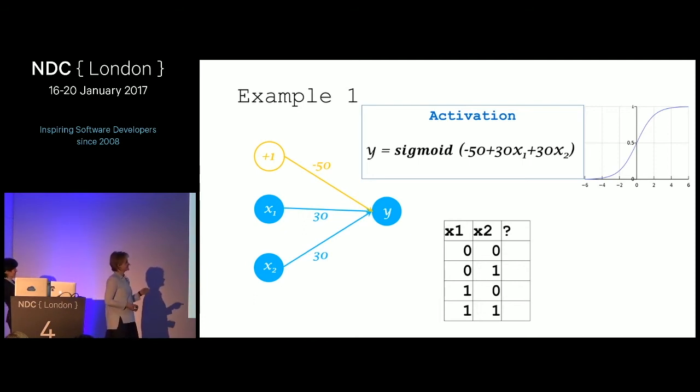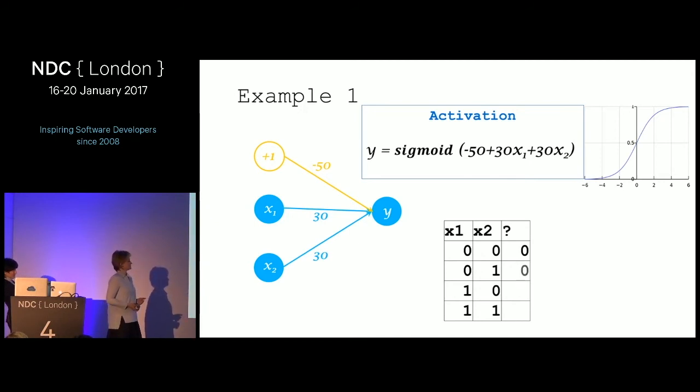So let's calculate it. First, if both x1 and x2 are equal to 0, then we get minus 50, and sigmoid of minus 50 would be 0. Then if one of the x's is 1, then we get minus 20, which is also 0 if we apply sigmoid to it.